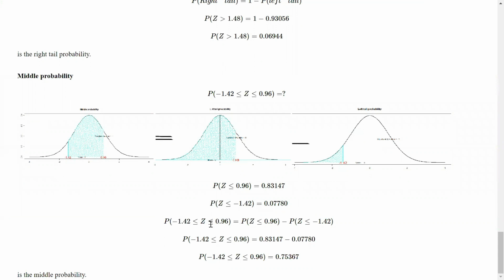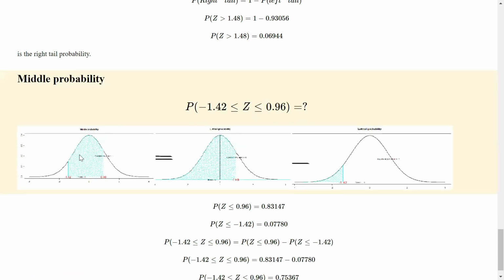That is, the middle probability is the difference of these two left tail probabilities, which equals 0.75367, equivalent to this shaded area.